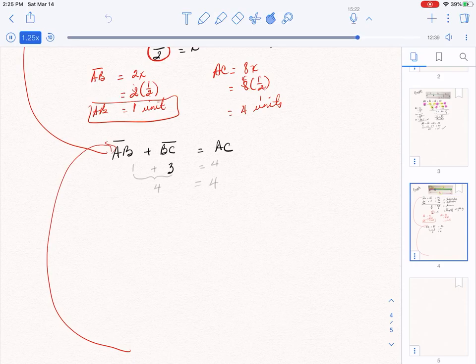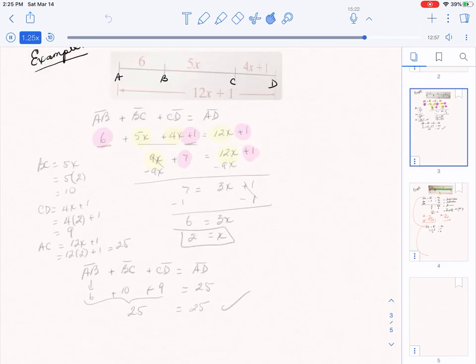Okay, so I know this is 1 unit, I'm going to add 3, that should equal 4. Therefore, the whole length should give me 4 units. Same thing goes up here. I'm going to have AB plus BC plus CD should give me AD. Okay, that's what I have.